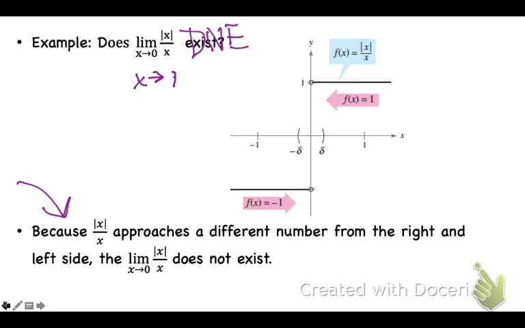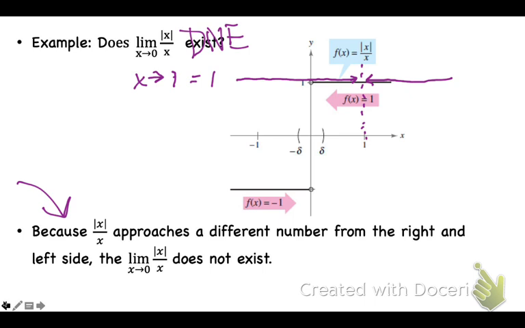You've got to look at the observation. From the left and from the right, here's 1. From the left, as x approaches 1, what is the y? 1. From the right, as x approaches 1, what is the y? 1. So what is the limit here? 1. See the difference?